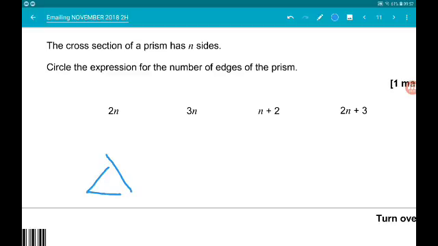So there's 3 sides. Now an edge of a prism is essentially any line that we have to draw when we draw it. So we can see a triangular prism is going to have 9 edges. Let's do it with a cuboid.